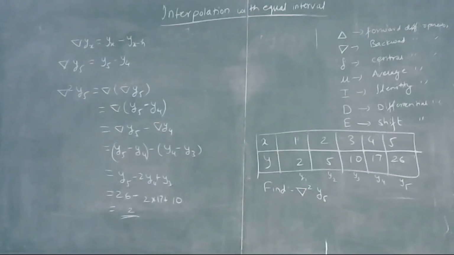So this is all about forward, backward, and central differences and their relationship between different operators. Okay. So in the next class we will see Lagrange's method.